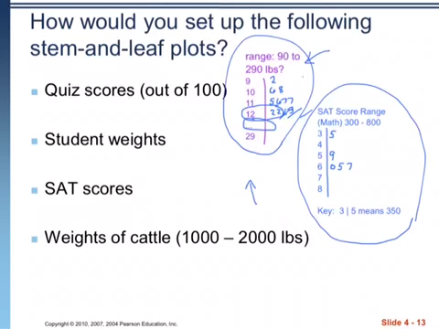So here is 92, here is 106 and 108 pounds, etc. up to 29. For SAT scores, scores are reported with a 0 at the end. So 350 would look like 3 stem 5. This would be 590 right here. 600, 605, 650, and 670, and here is the key.